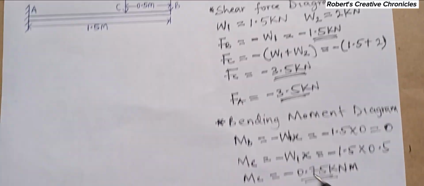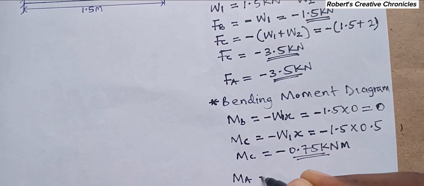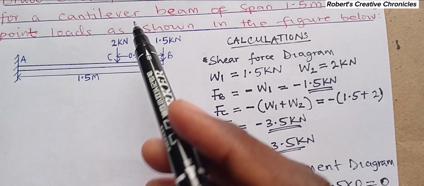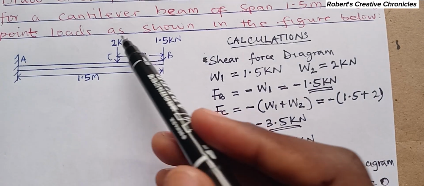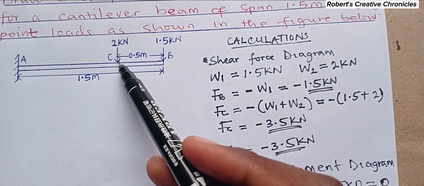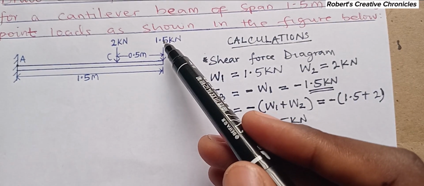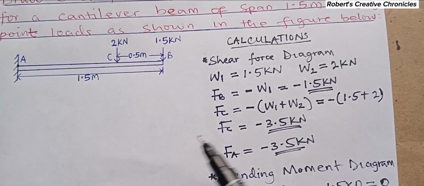Now, the moment at A, MA. My moment at A will be the sum of all the moments from this point. The first moment is this force times the perpendicular distance from this point, and also this force times the perpendicular distance from this point.